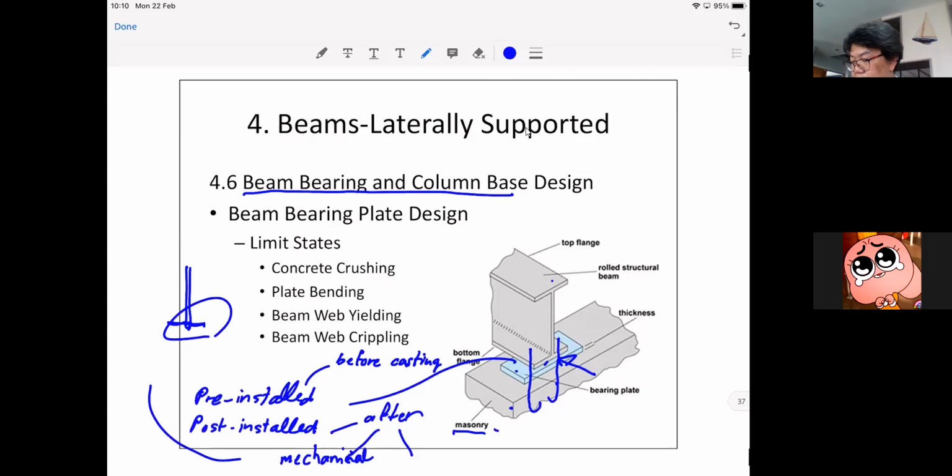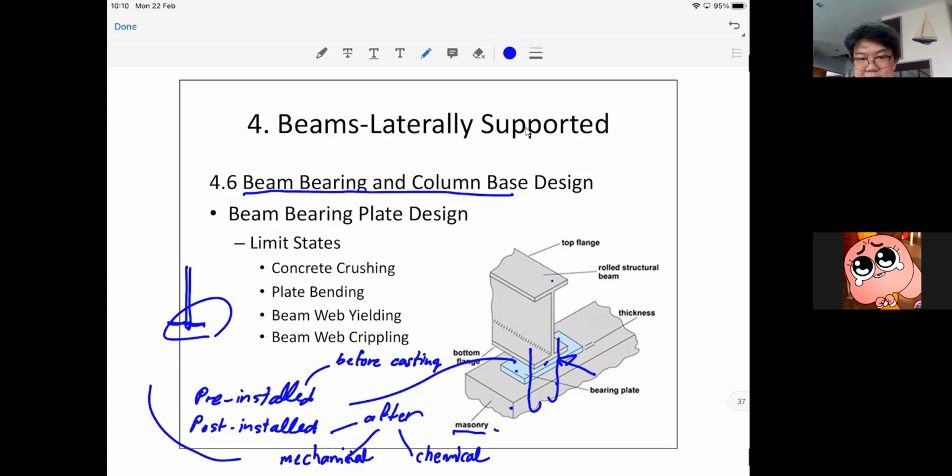Another one is chemical. That means you put the bolt in there and you use some kind of chemical admixture or something like that to create the bonding between the anchor bolts and the concrete. Regardless, it is impossible that the post-install should be as strong as the pre one.